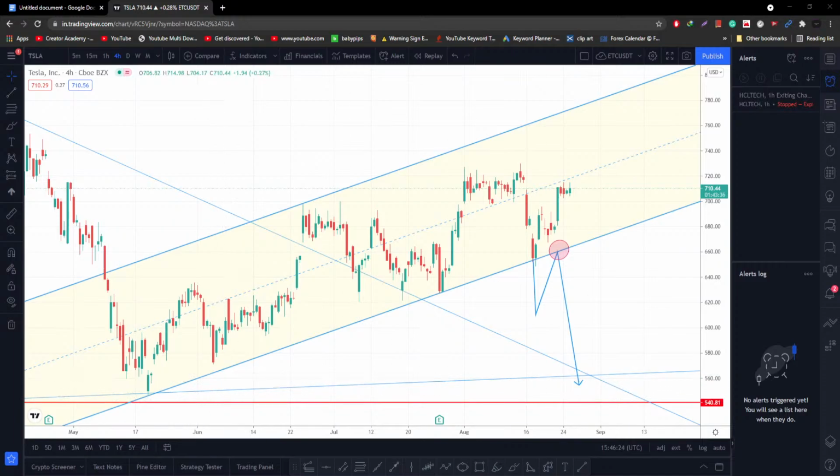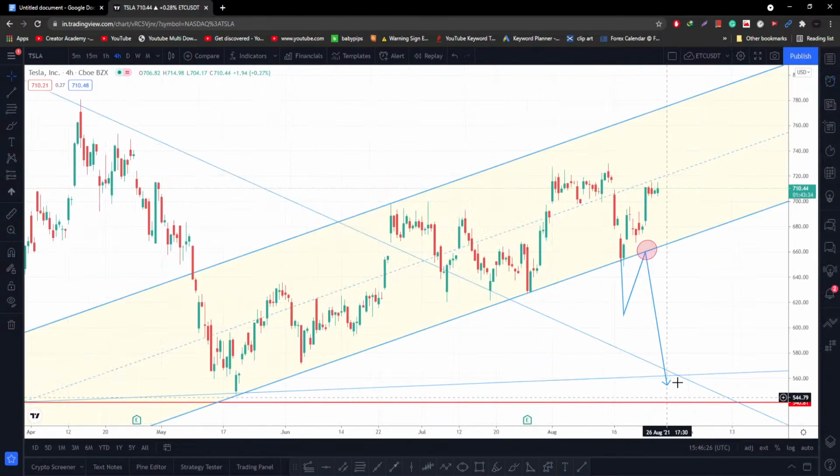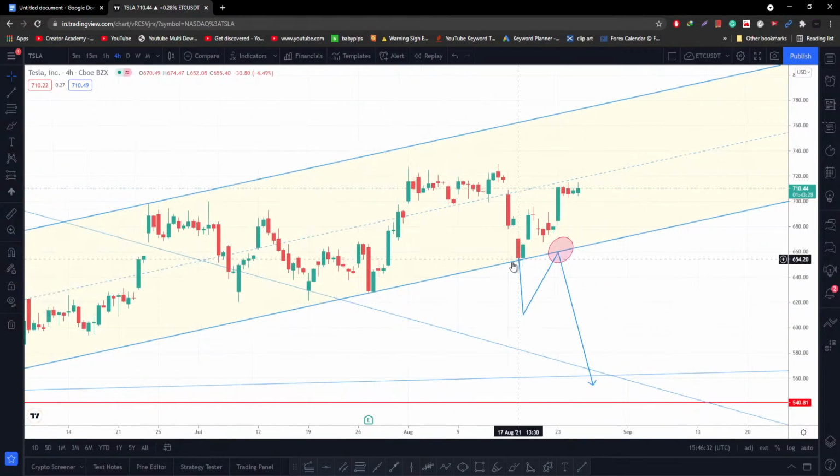So my friend Damien, do you remember this chart that we had created that day? I said to keep an eye on this channel's low as a buying opportunity, but on the contrary, if it breaks down, then look for a selling opportunity here. I just hope that you remember this one.